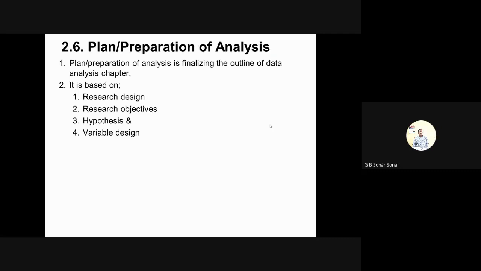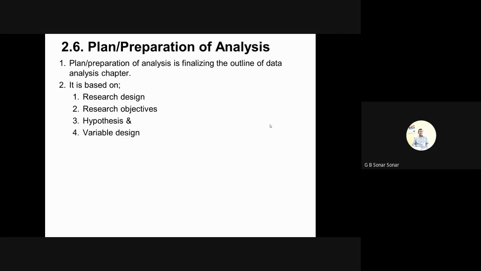And then plan of analysis also depends on the hypothesis, because hypotheses are the logical assumptions made on par with the research objectives, and they are tentative statements to be tested based on the primary data. Therefore, to test the hypothesis, related tests are to be made. So while making the plan of analysis, we keep in mind not only design and objectives but also hypothesis.